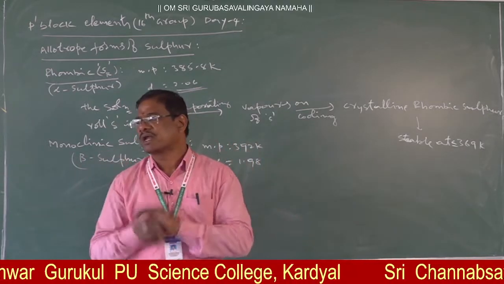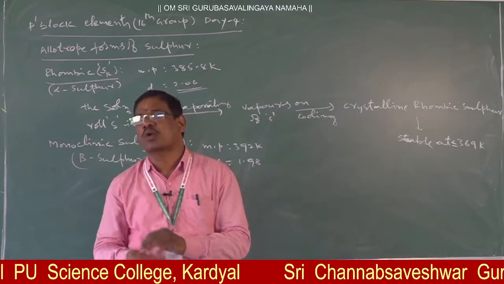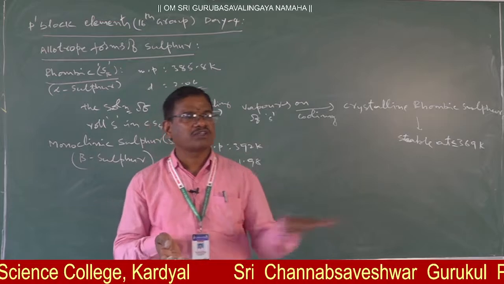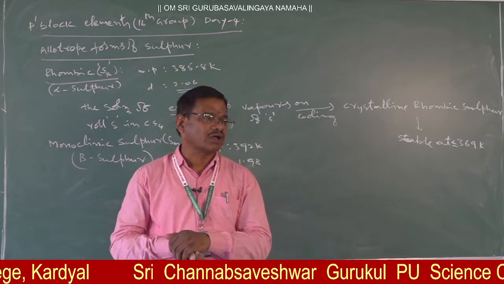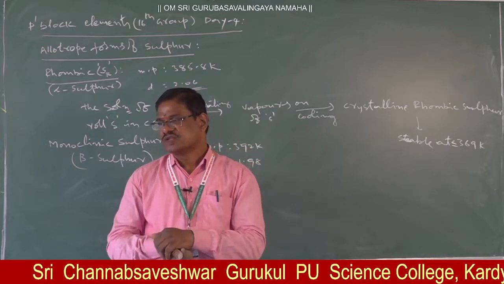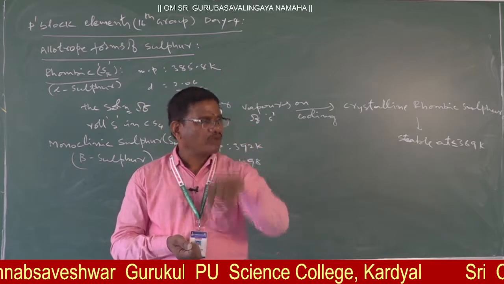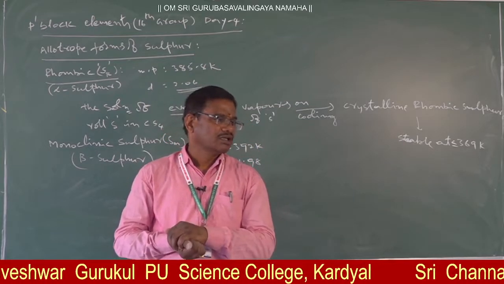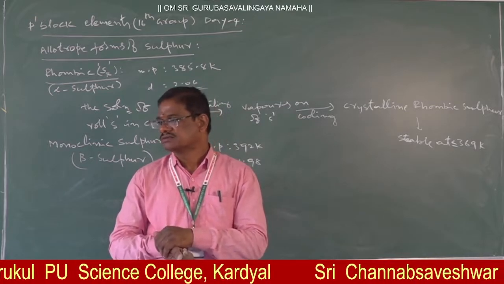Whenever it dries up, we have to remove the upper surface of the crust. The leftover sulfur is monoclinic sulfur. That monoclinic sulfur is in needle shape. Like that, from rhombic sulfur, monoclinic sulfur is obtained, right?